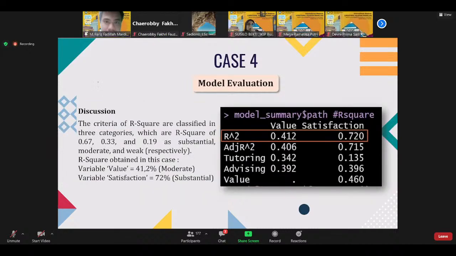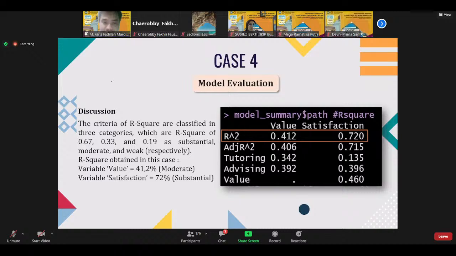And then the next model evaluation is about the determination coefficient or R square. The criteria of R square are classified in three categories, which are 0.67, 0.33, and 0.19. And in this case, the determination coefficient value is 0.412 or 41.2%.